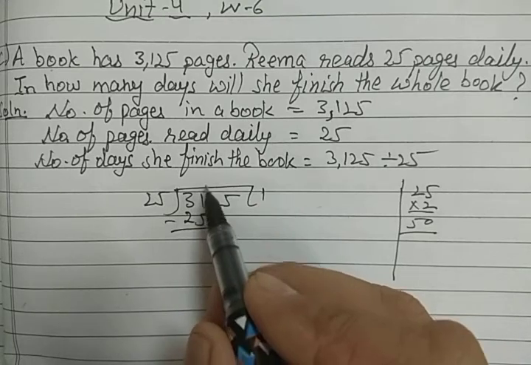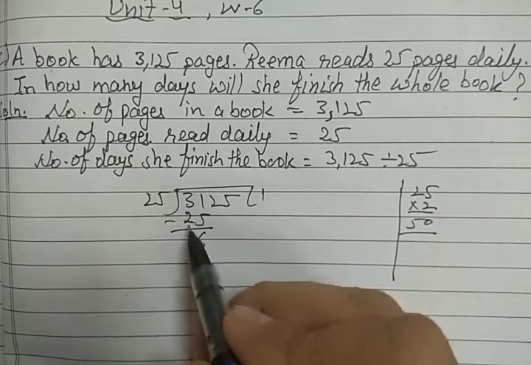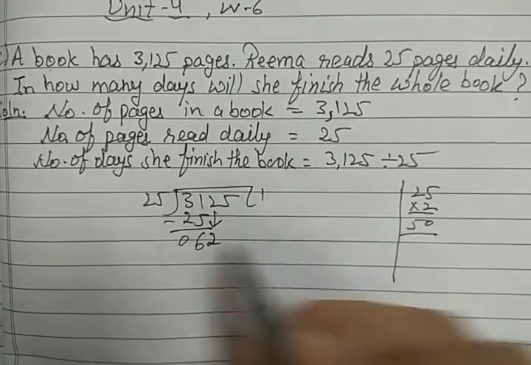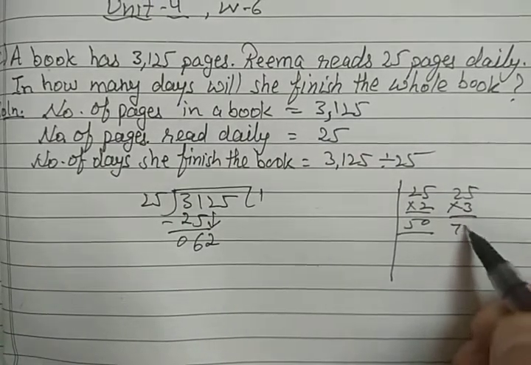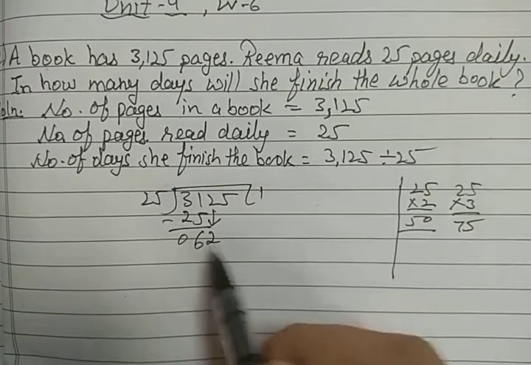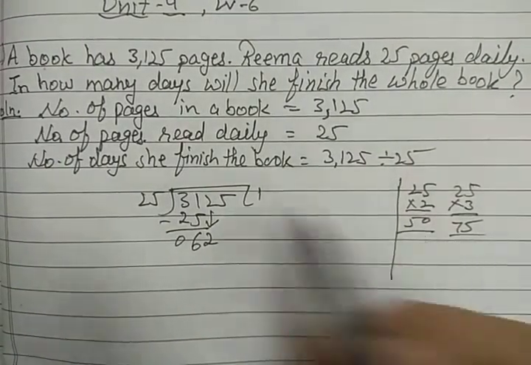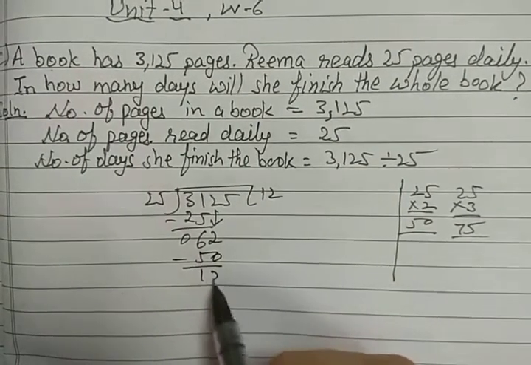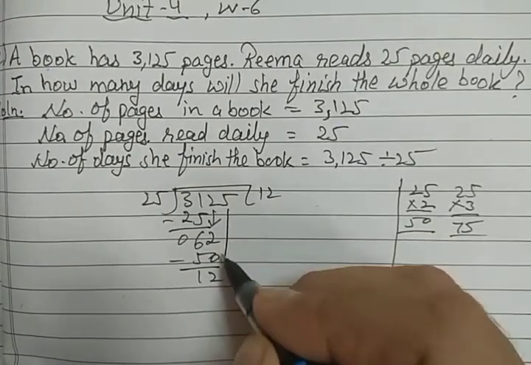It will become 11. 11 minus 5 is 6, and what is left over here is 2. 2 minus 2 is 0. Now what will come down is 2. Now it becomes 62. So 25 3s are 75. So 75 is greater than 63. So we have to take 25 2s are 50. Now subtract it. What is left is 12. And what will come down is 5.